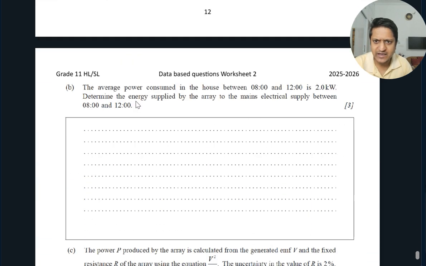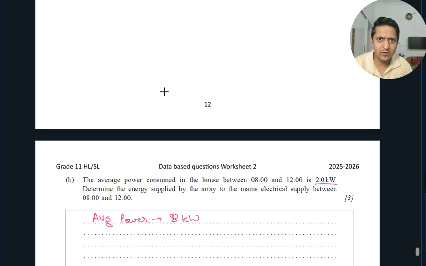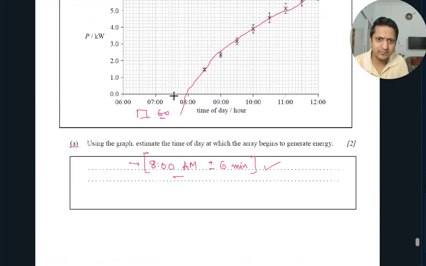For the next part, the average power consumed in the house between 8 and 12 is 2 kilowatts. Determine the energy supplied by the array to the mains electrical supply between 8 and 12. So we know that average power is 2 kilowatts. What is the total time?